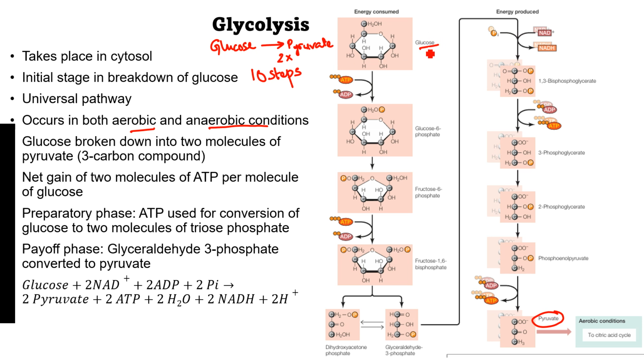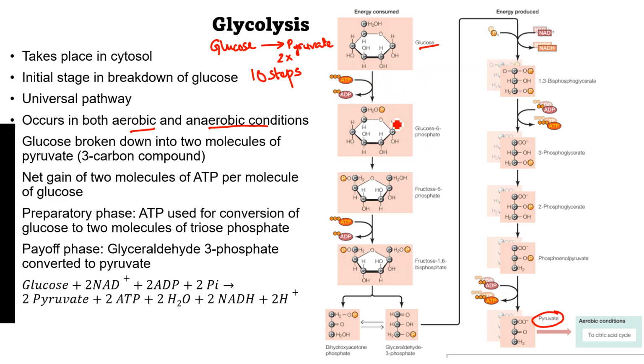So this 6 carbon compound is broken down into two molecules of pyruvate, right? And what is the net gain of ATP molecules? Per molecule of glucose, there is a net gain of two ATP molecules, right?